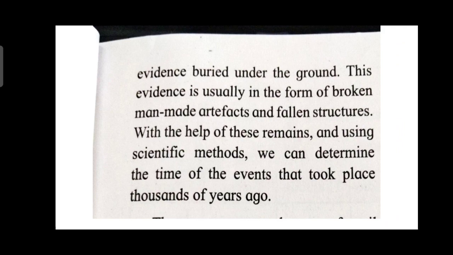This evidence is usually in the form of man-made artifacts and fallen structures, such as fallen buildings, temples or houses. Artifacts are things made by man and buried under the ground. With the help of these remains and using scientific methods, we can determine the time of events which took place 1000 years ago. Okay?